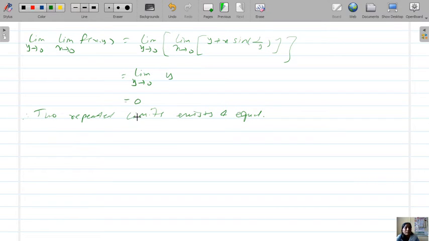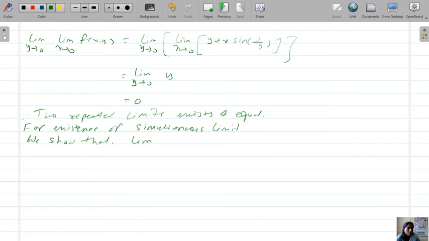Now the two repeated limits exist, but still we cannot conclude the existence of simultaneous limit. So for the existence of simultaneous limit, in fact by observation we show that the simultaneous limit, limit xy tends to 0 0 of f of xy, which is y plus x sine 1 upon y, is equal to 0.